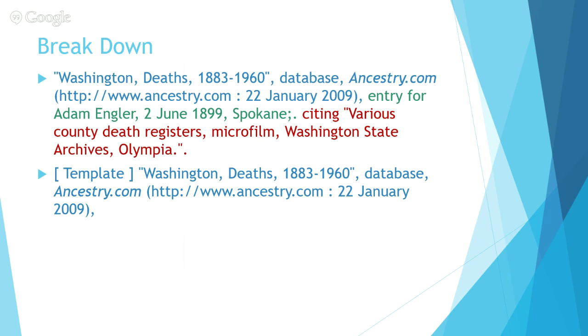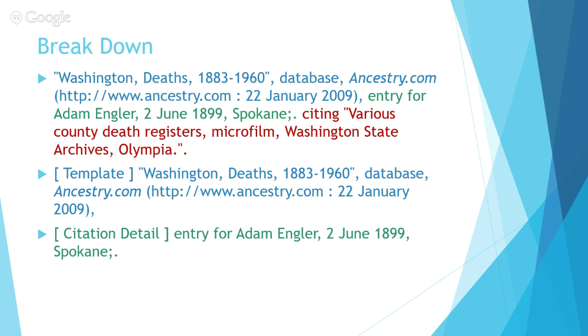That's where it came from and where it ends up in the reference note. The citation detail, who am I looking for, and some definition of who it is that I recorded from that document, online resource, the image, in fact.